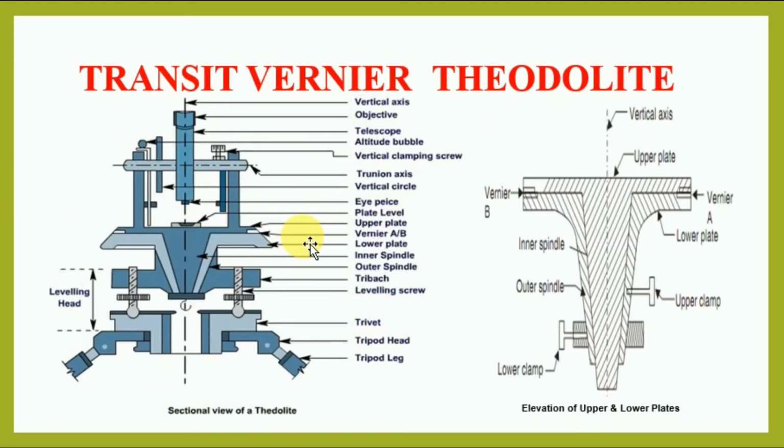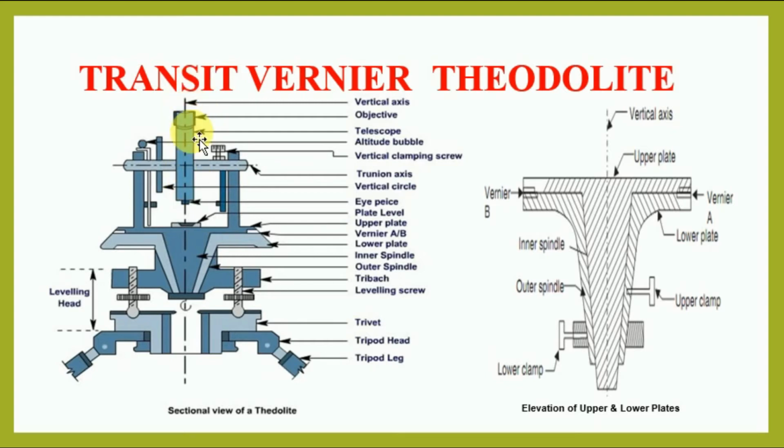Now I will be looking at the components of vernier theodolite in transit. Here shows the figure of theodolite. First of all, there is a vertical axis about the horizontal plane. Here the telescope is attached, in which objective piece and eyepiece are shown, which is used for focusing any object.